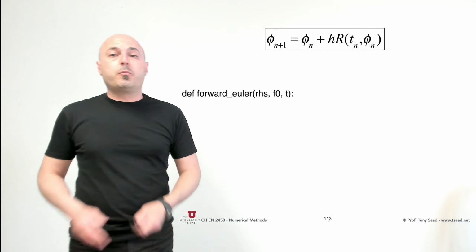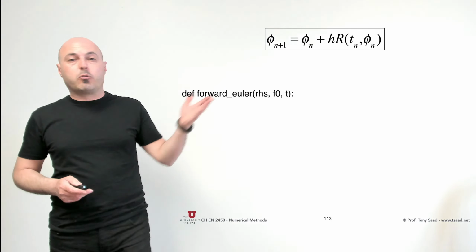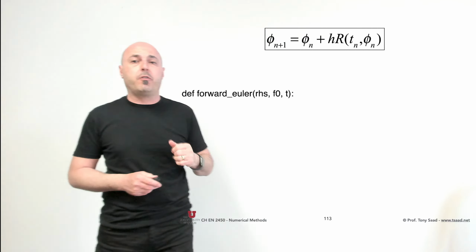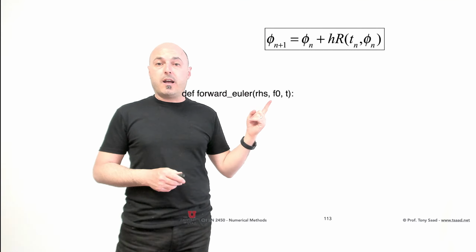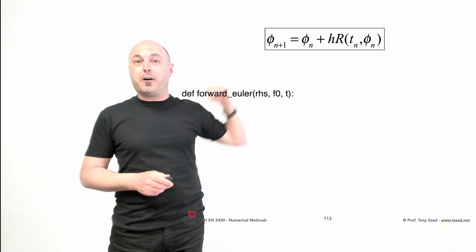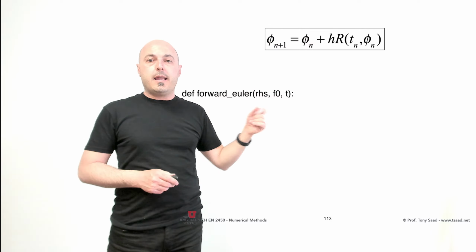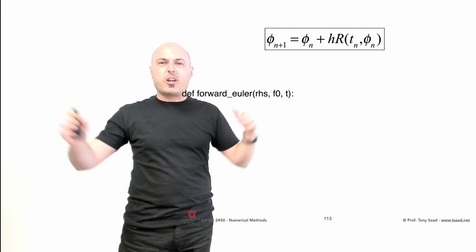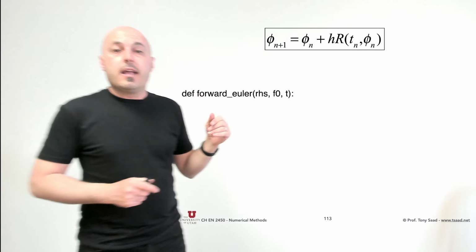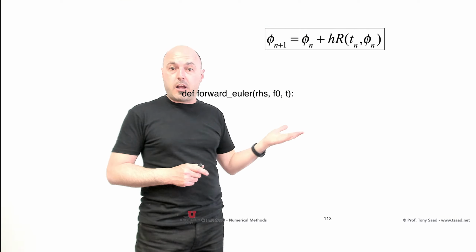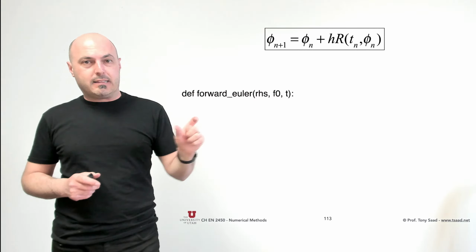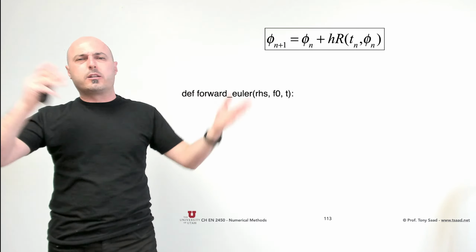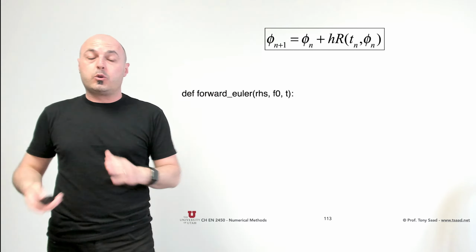Okay, if it were me, I would first declare my method, call it forward Euler, and the forward Euler method needs at a minimum the following. It needs a right-hand side function, so that it calls it. It needs an initial condition, and it needs an array for time, just like odeint. Now you can substitute this array for time with a time step size, delta t, and a t end, or t0 and t end, so that you know where you're starting from and where you're ending up.